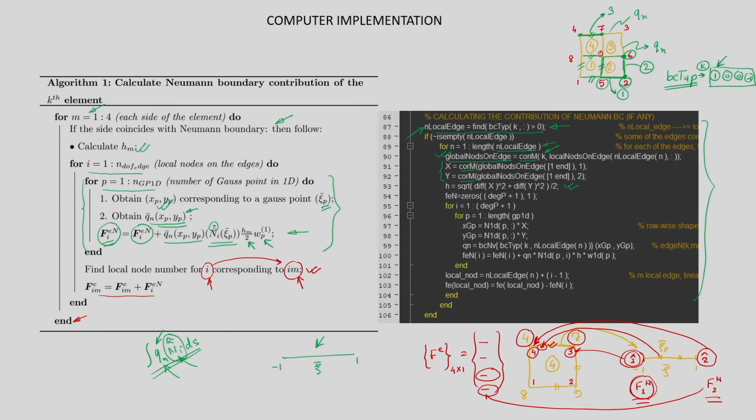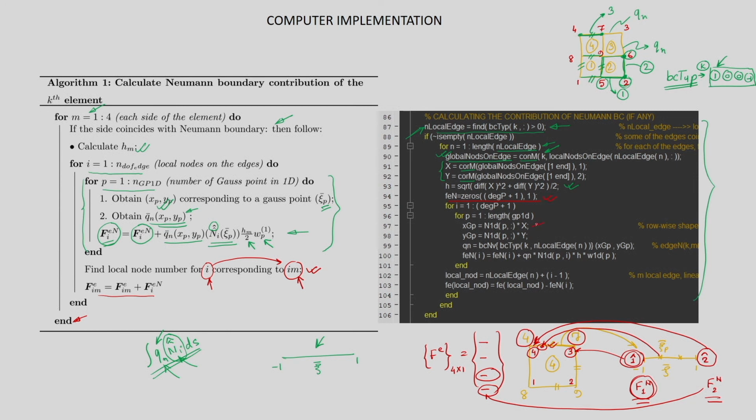Now the corresponding part is as follows. We are declaring Fen as 0 initially. And then how do we calculate that? Because in each side of a given element of degree p, there are p plus 1 shape functions. So that is how we declared the size of Fen.